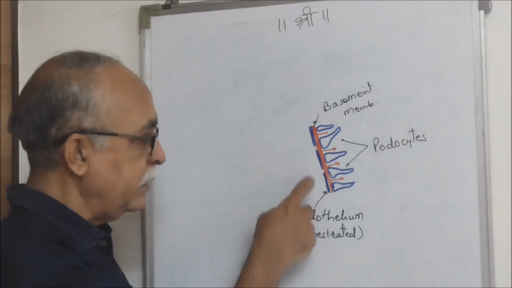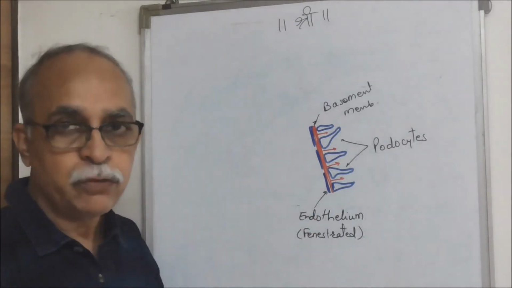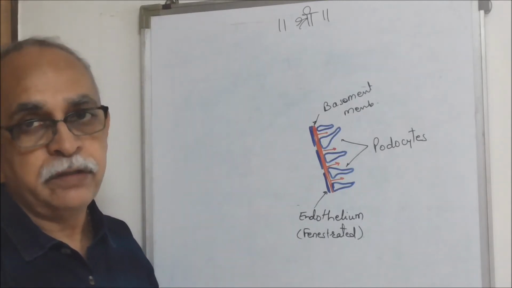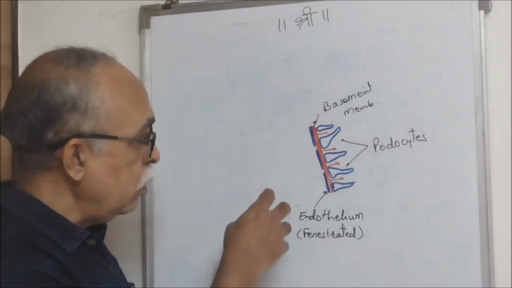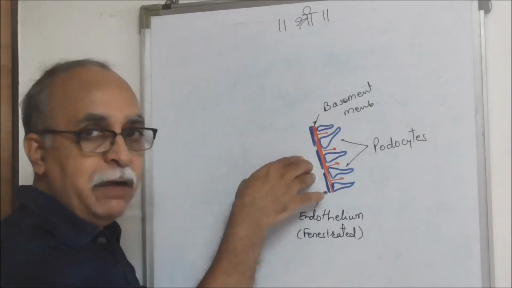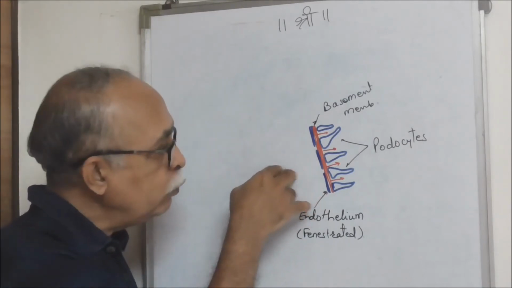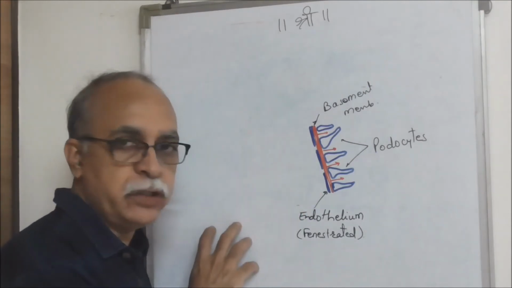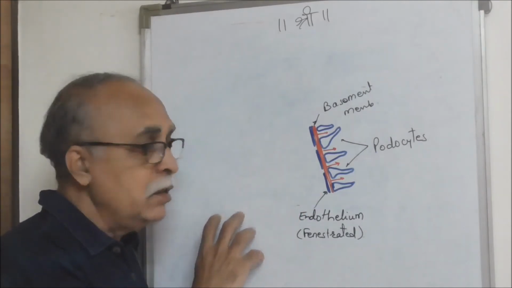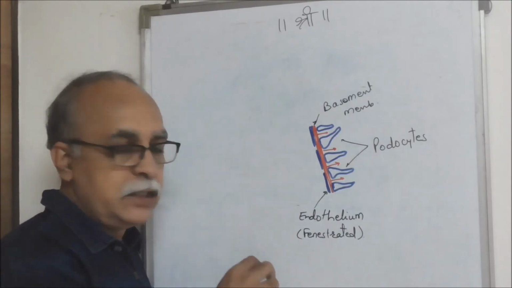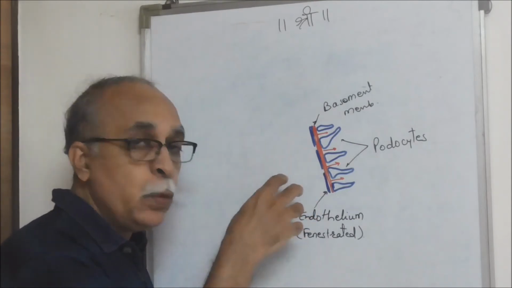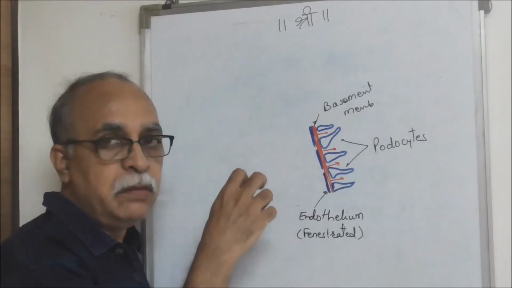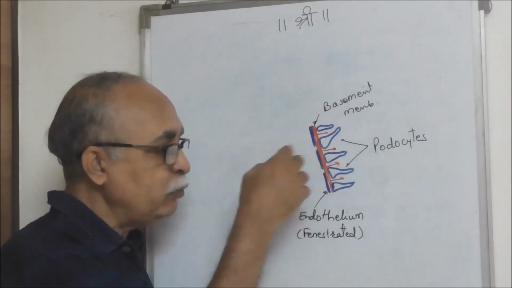Basically, these slits, these fenestrae we're talking about, measure around 2 to 3 nanometers. So anything in plasma which is smaller than that would simply be filtered out, simply be pushed out. Slightly larger components would be pushed out with pressure, with a force, with a little bit of energy, they have to be forced out.